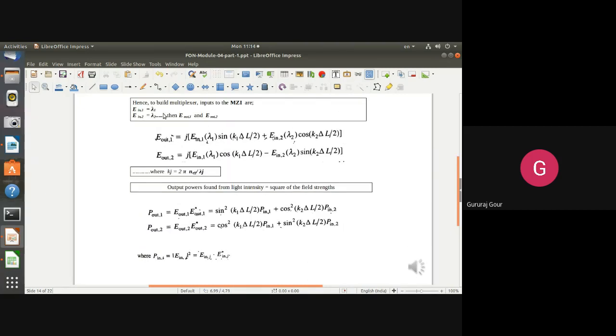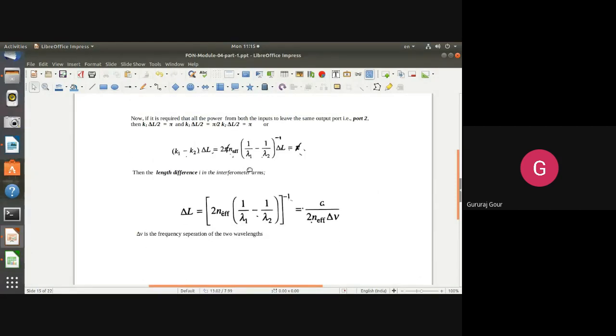Then assuming input 1 as lambda 1 and input 2 as lambda 2, we got two outputs here in terms of lambda 1 and lambda 2, because we have to assume different lengths, because it is a 2 by 2 interferometer multiplexer. The corresponding output powers have been obtained by taking the square of the field strength, by taking the vector product of the real and its complex conjugate parameters.